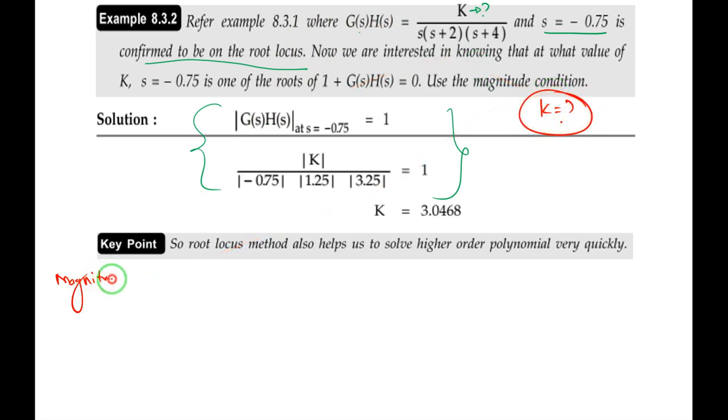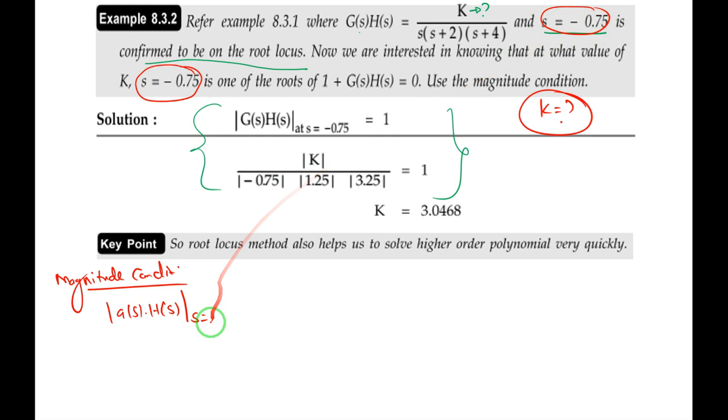The magnitude of g of s into h of s at the point s equal to minus 0.75, which is on the root locus, is equal to 1. So this is the magnitude condition. Call this equation 1.